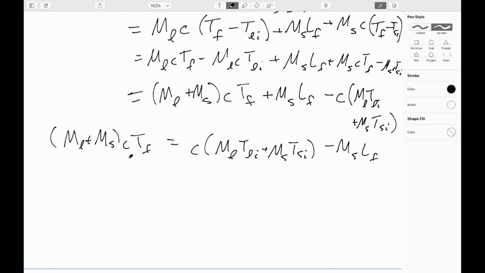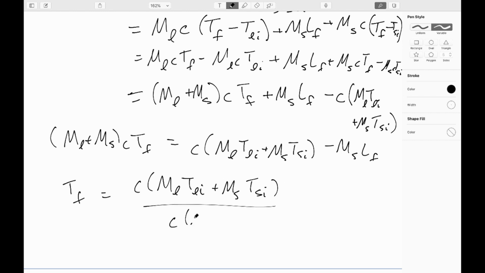All right, and then finally we can divide through by everything. So we will get that T final will equal C times M_L T_LI plus M_S T_SI over C times M_L plus M_S, minus M_S L_F over the same thing.